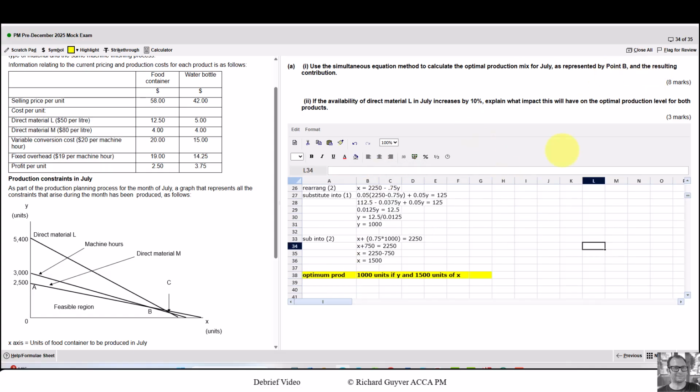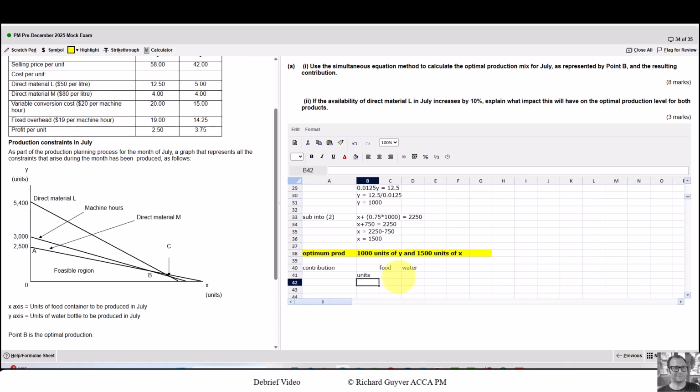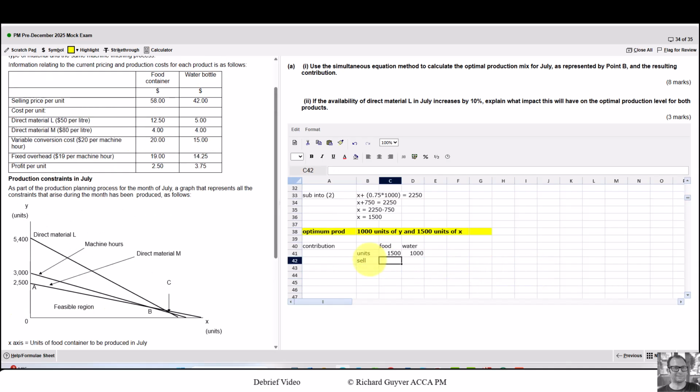And now we need the resulting contribution. So food we are going to make, that was the value of x, so that's 1500 units, and water bottles we're going to make 1000. We sell the food containers for 58 and the water for 42. Material L, we use 1250. I'm going to use minus 1250 there and minus 5 there.